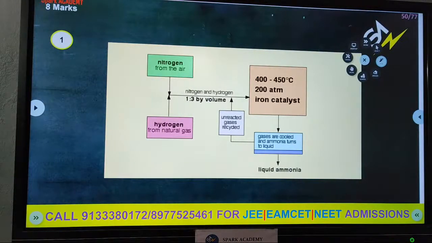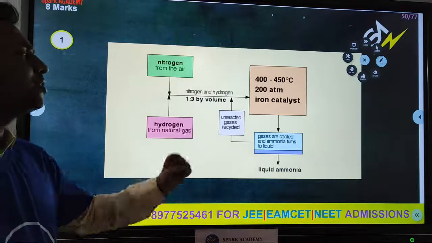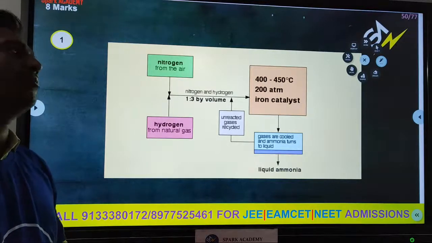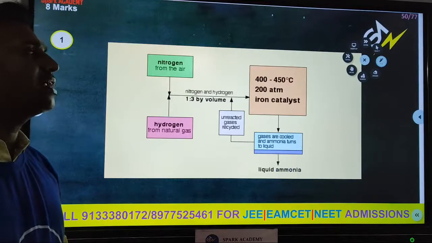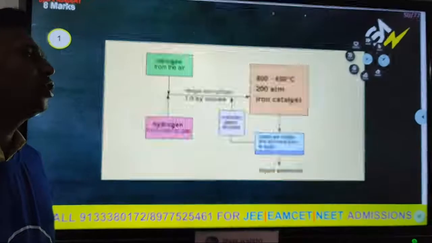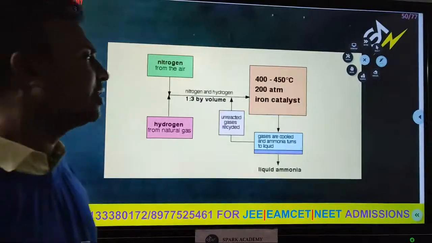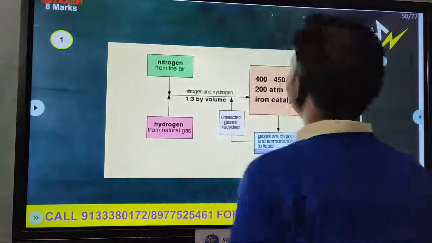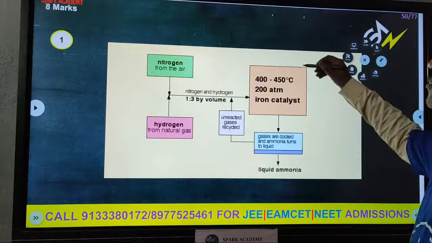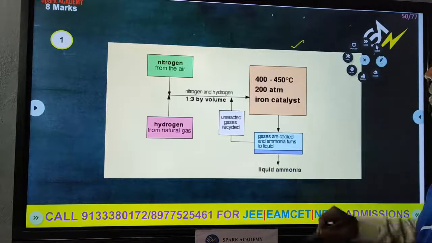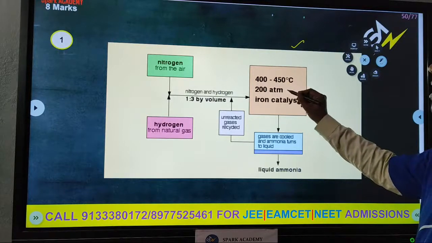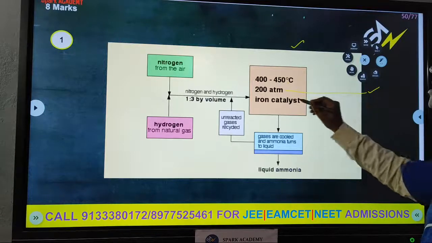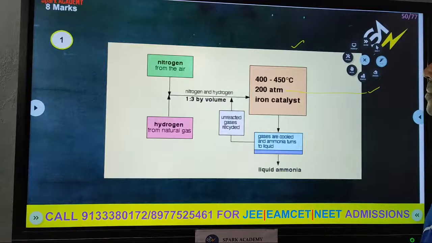So what is the flow chart? How do we prepare it here? We prepare nitrogen from air, hydrogen from natural gas. So how much by volume? 1:3 by volume. So what are the favorable conditions required here to prepare the liquid ammonia? Here 400 to 450 degrees temperature is required. The pressure is 200 atmosphere.